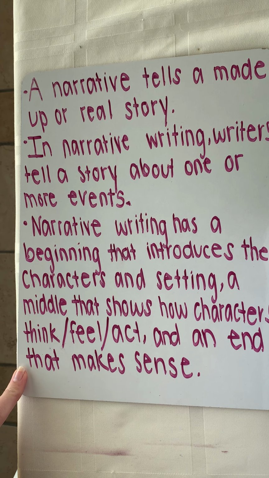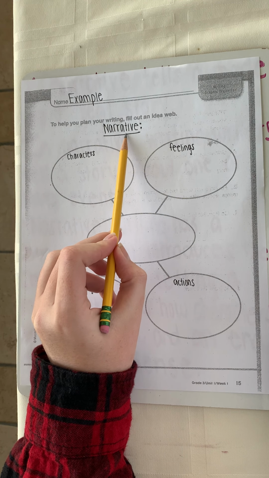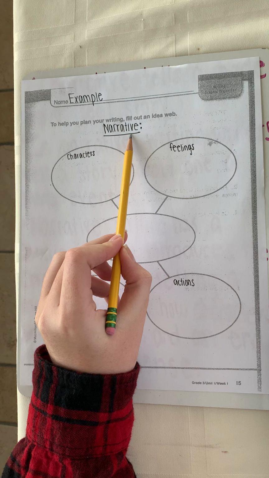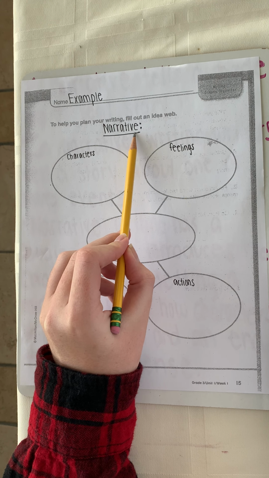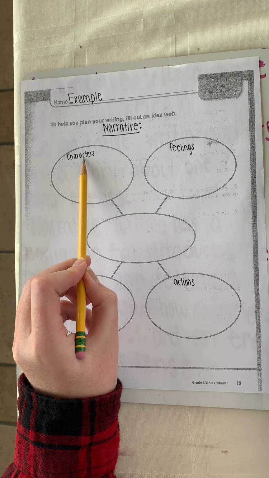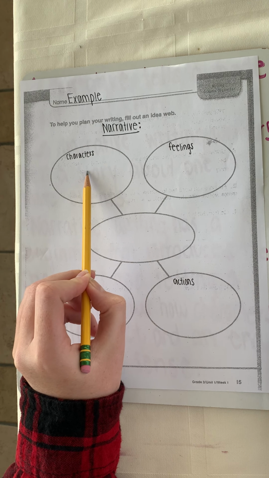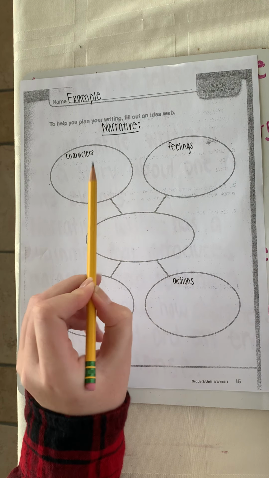Today, I am going to be working on a narrative brainstorm. I put the word narrative up at the top of the paper to remind me what type of writing I am doing. I then put the word characters in this bubble, so I will brainstorm the characters here.